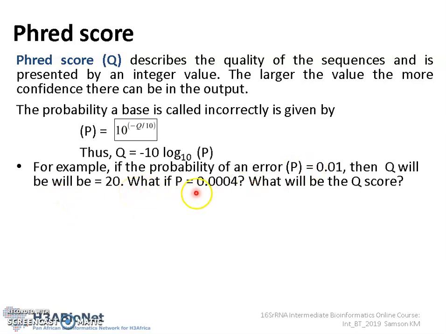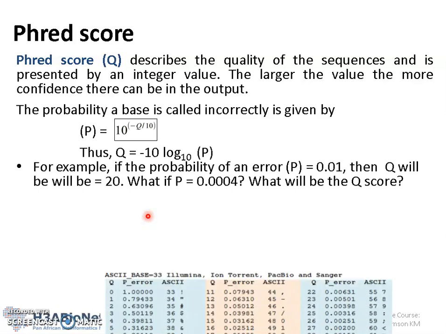But what if P is equal to 0.0001? What will be the quality score? If you plug it in, you'll find that the quality score will be 40, meaning that there is a 0.0001 chance of a base in a particular sequence being wrongly called.